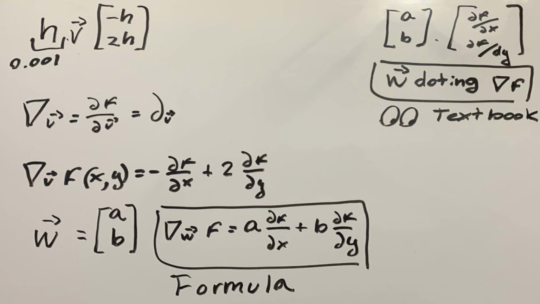So you've got your w or v, whatever letter you want to choose for your vector, dotting the gradient, or the notation you choose to put for your function. So it's very simple. We just need to remember the steps. We need the point, the vector. Finally, we set up a dot product between the vector and the gradient. We said it was the v times triangle f.